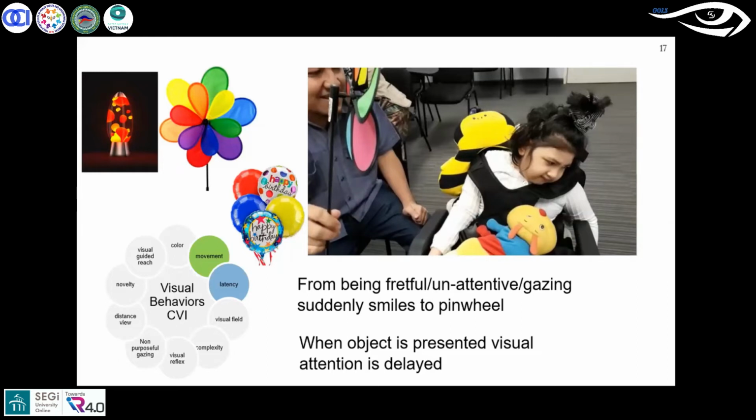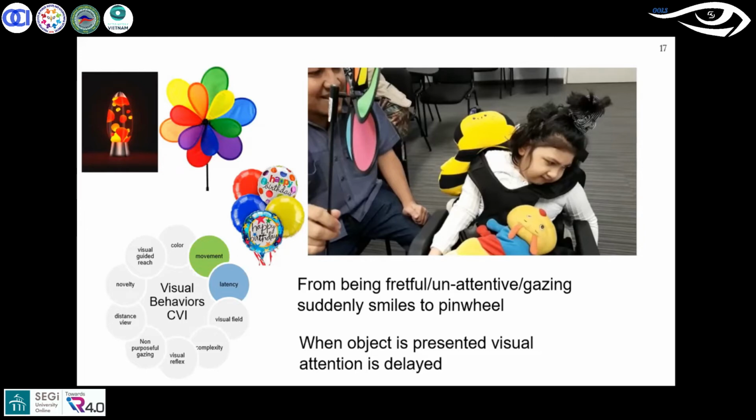At the same time, this movement is also associated with latency. Latency means delay in response. That's why when we move the object and test the child with CVI, we will always look at how they are actually responding.